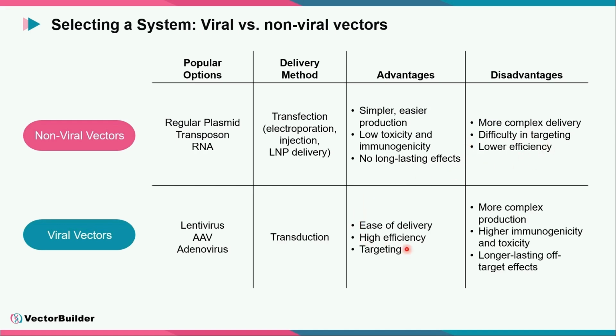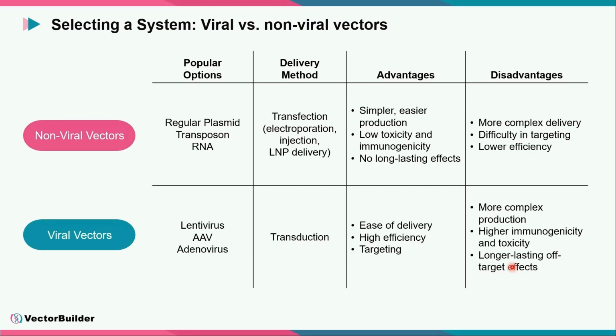Conversely, viral vectors have very highly specific and efficient delivery for particular viruses in particular settings, of course, which we'll talk about. But they do tend to have a higher immune reaction, of course, because they're viruses, and they tend to have toxicity and can exhibit longer-term off-target effects, depending on how they are designed and how they're used.